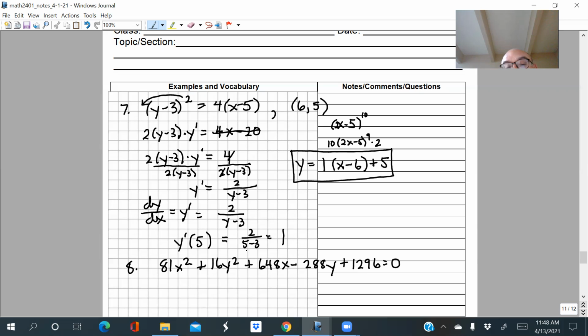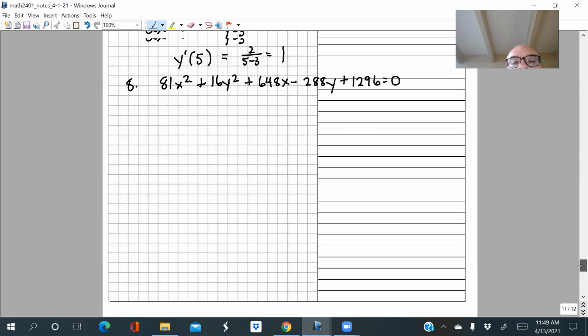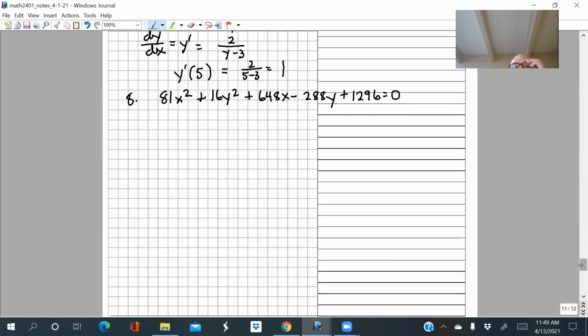You probably have a problem similar to this, where you've got some curve, or you're given the implicit derivative of that curve, and then you want to write down the equation or the slope for the tangent line at a particular point. So here's a good example of doing that. Now, the next question also was hard for people.